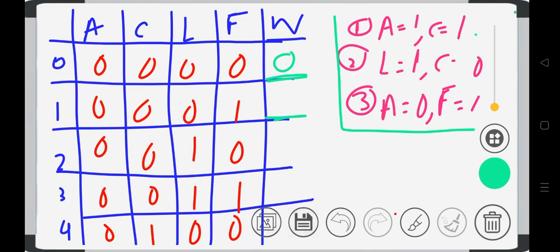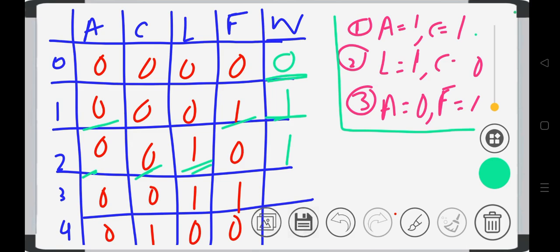So just guys, see this thing: A is 0, F is 1. So the third condition satisfies, right? So we have to put here 1. Okay, so going to the next, A1 C1. See, A is not 1 here, C is not 1 here. L1 C0, yeah, this condition meets L1 C0. So we have to put here 1.